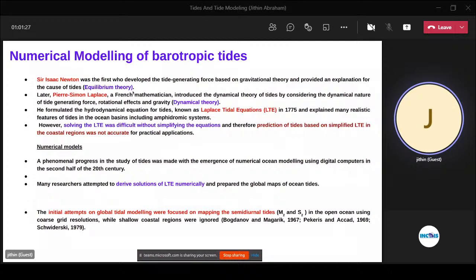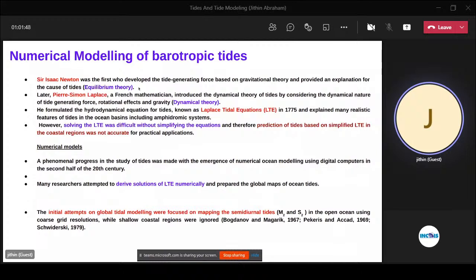Based on those assumptions and the gravitational theory, he was able to provide a convincing explanation for the tidal oscillation and tidal generating forces. But those were equilibrium. This is known as equilibrium theory.